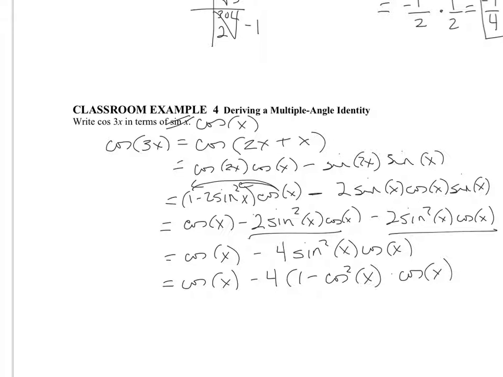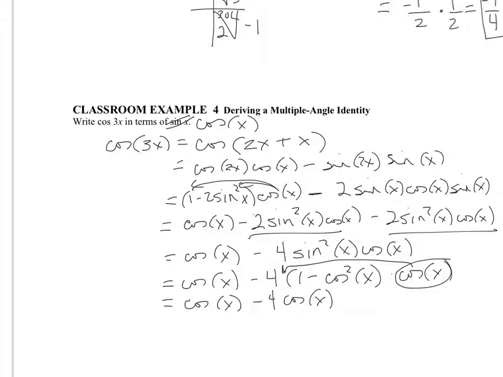And that would mean I've still got a little bit more distributive property to use here. So this cosine of x, you might want to think about putting this cosine of x with this minus 4, and that's what we're distributing through. So a negative 4 cosine of x times 1 is a minus 4 cosine of x, and a negative 4 cosine of x times a negative cosine squared of x turns into a what?